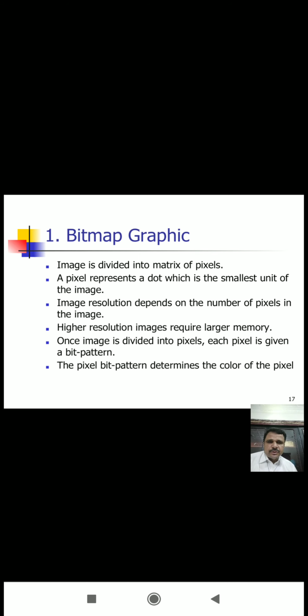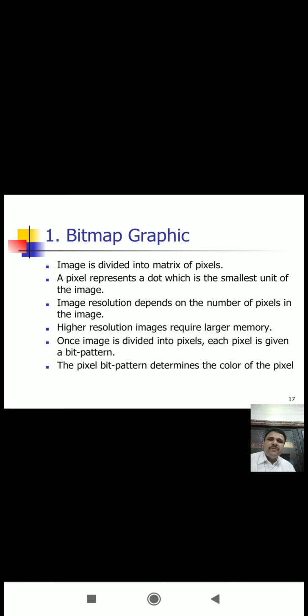This is image resolution. The higher the image resolution, the better will be the quality of the image. This is very important. But when the resolution is higher, it needs a larger amount of memory to store the bits.